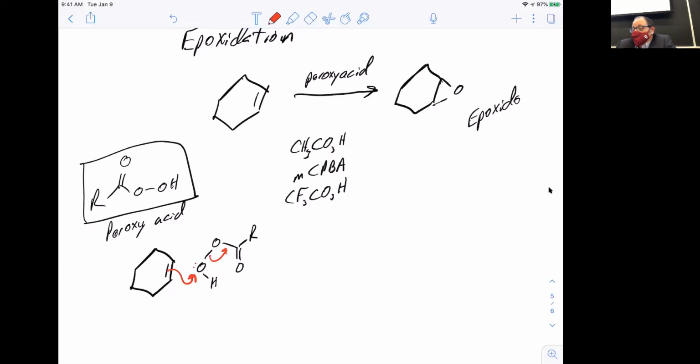These electrons go around in a circle. So the electrons attaching that oxygen to the other oxygen go towards the carbonyl. Then the electrons in the carbonyl go out to pick up the proton. These electrons come back to the oxygen.